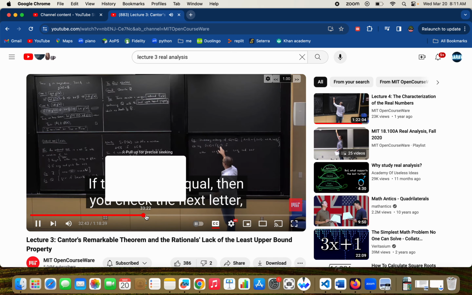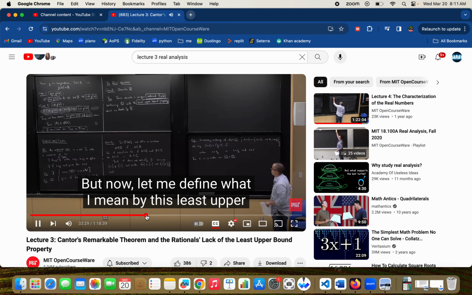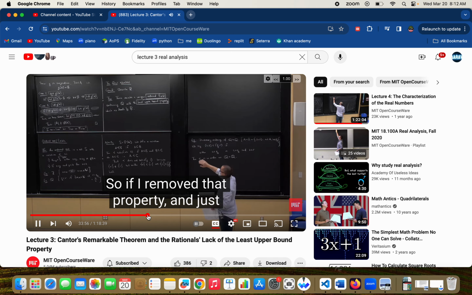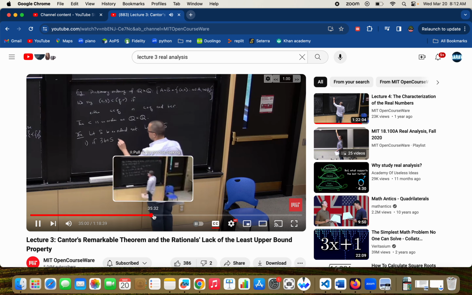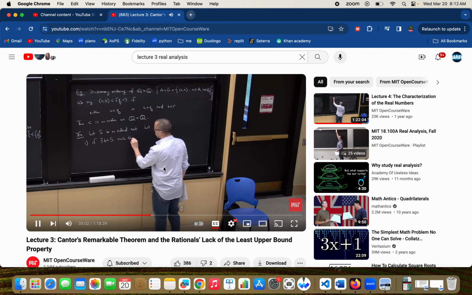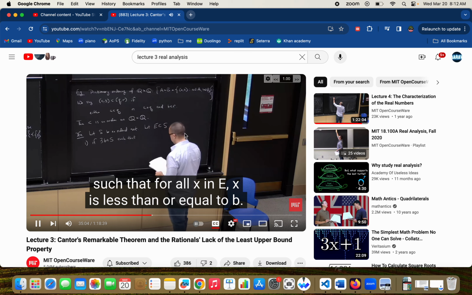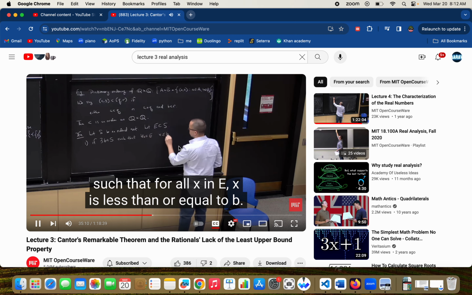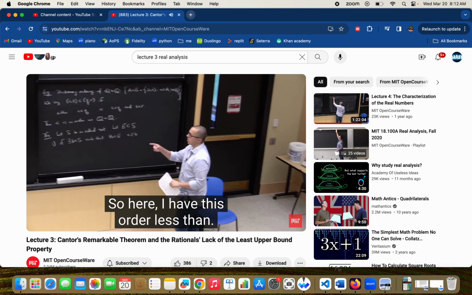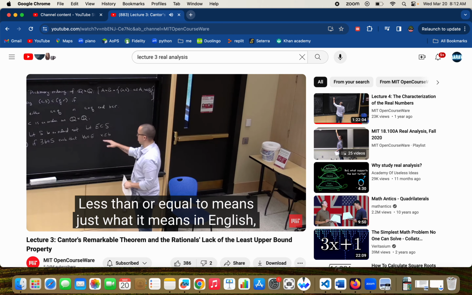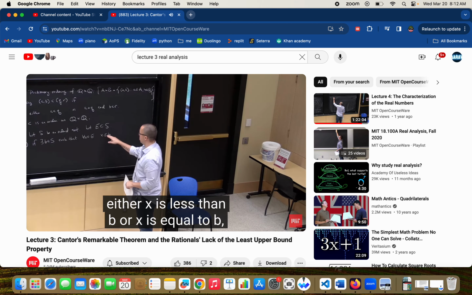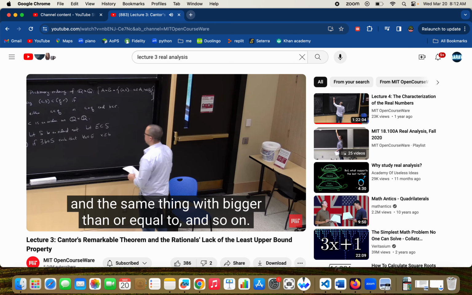Check the next letter, or let me define what I mean by this least upper bound, such that for all x in E, x is less than or equal to B. So here this order, less than or equal to, means just what it means in English: either x is less than B or x is equal to B. Same thing with bigger than or equal to, and so on.